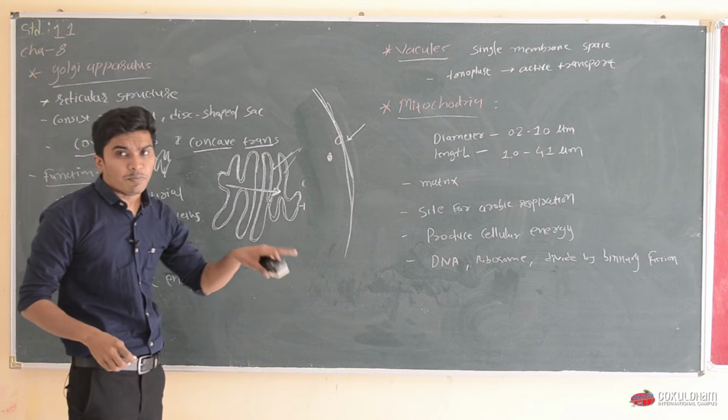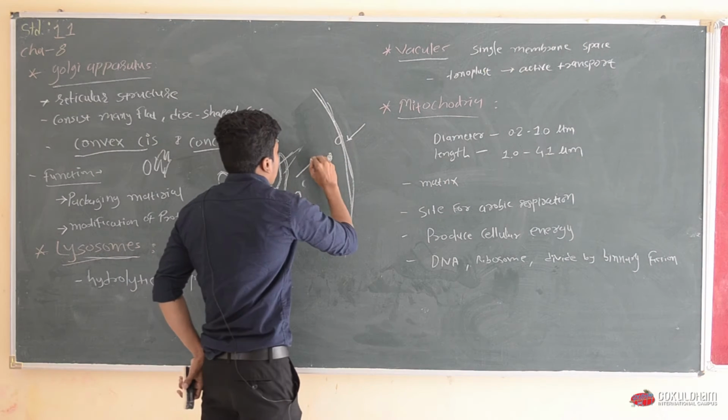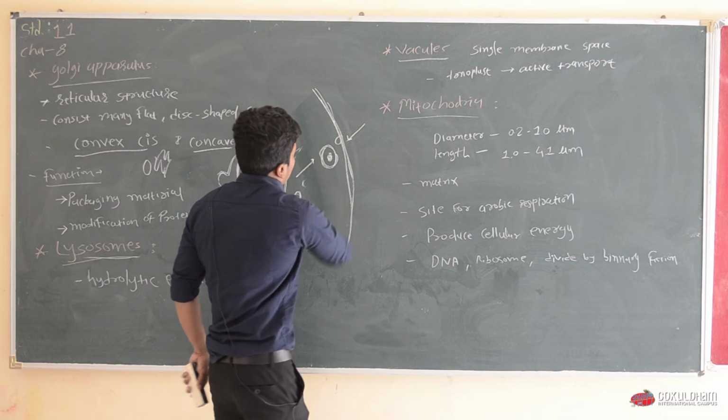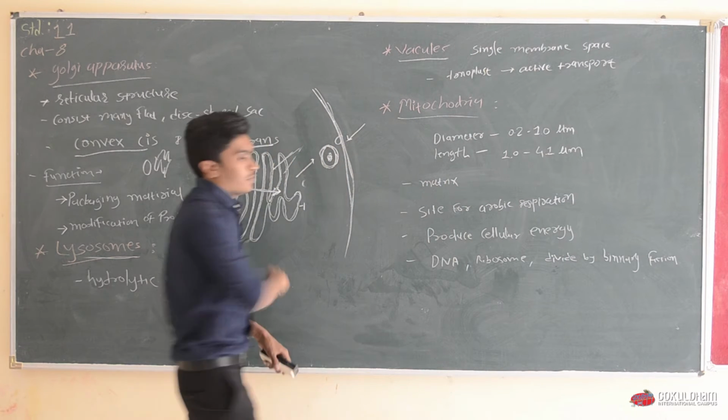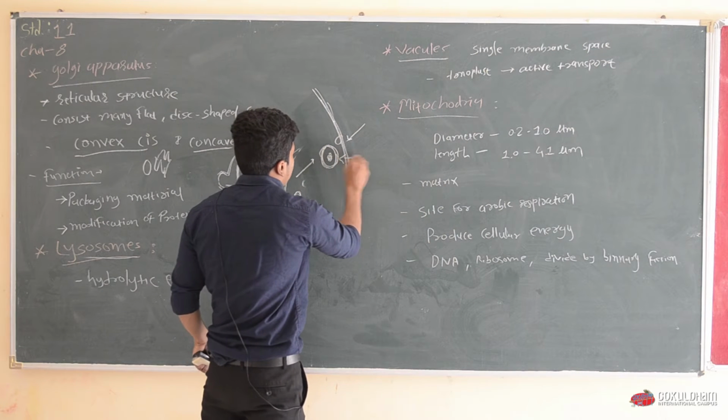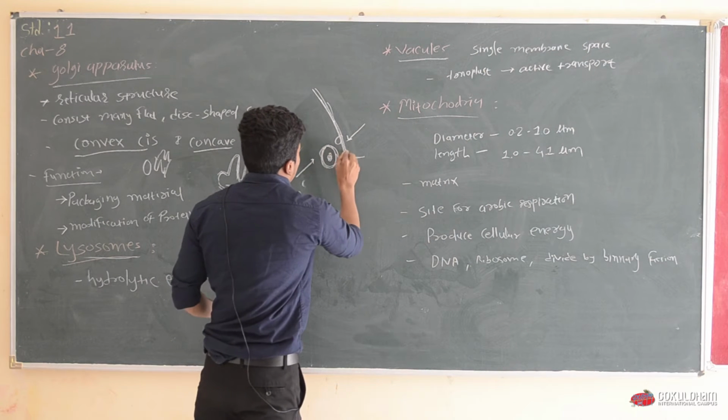The vesicles from Golgi bodies cover the particle and form a lysosome. This structure is known as a lysosome.